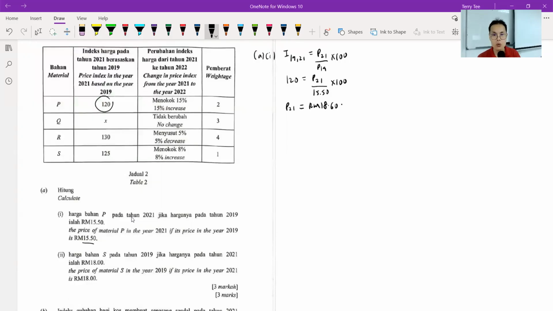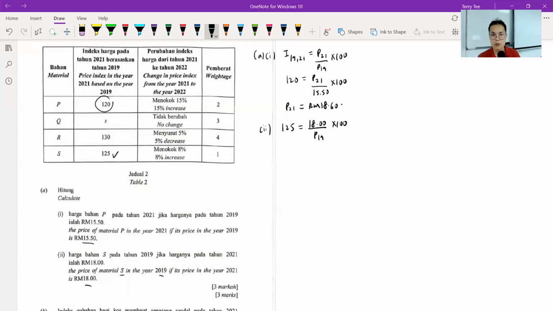Okay, then we go on with the price of material S in 2019 if the price in 2021 is 18 ringgit. The index now is 125. So we say 125 equals the price in the year 2021, which is 18 ringgit, over the price in the year 19, which I don't know, times 100.